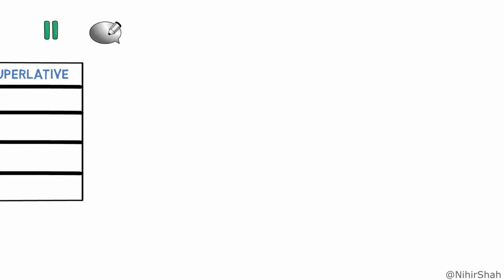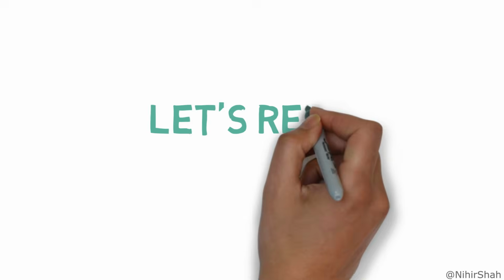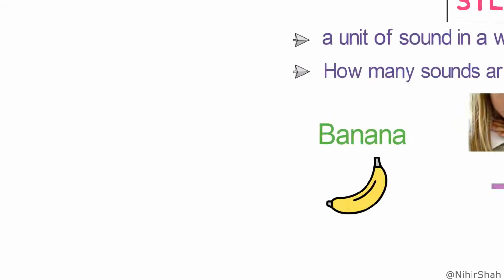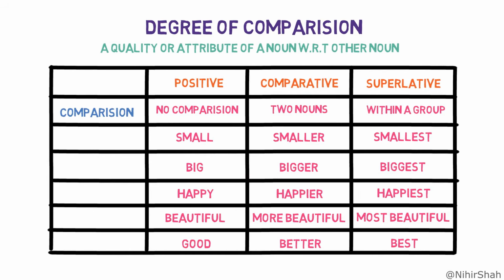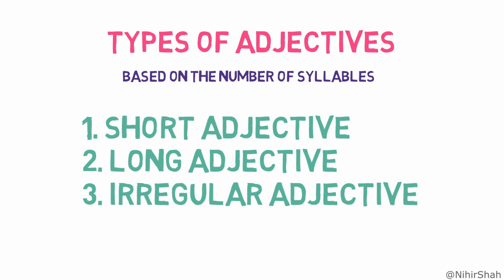So that's all in this video. Let's quickly revise what we learned in this lesson. Degree of comparison allows us to compare the quality of one noun with respect to another noun or nouns. There are 3 types of degrees: positive, comparative, and superlative. Adjectives can be short, long, or irregular based on the number of syllables.